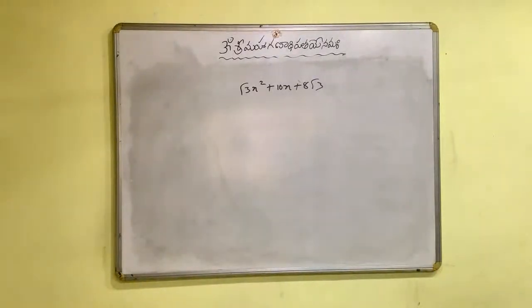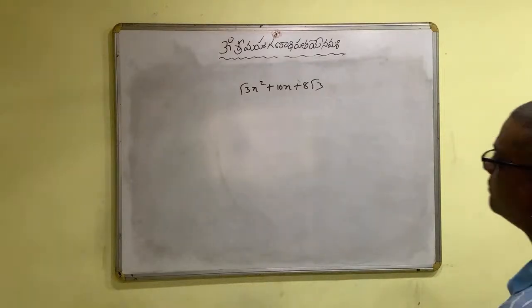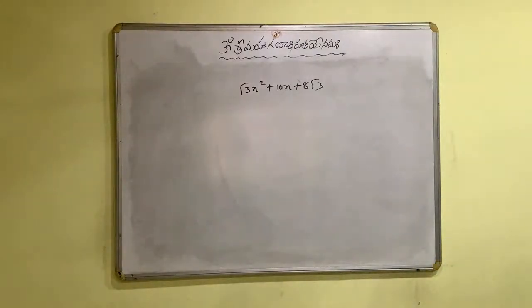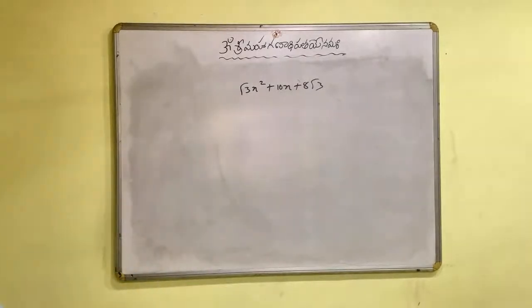Root 3x square plus 10x plus 8 root 3. How to do it? So ideas from your side.